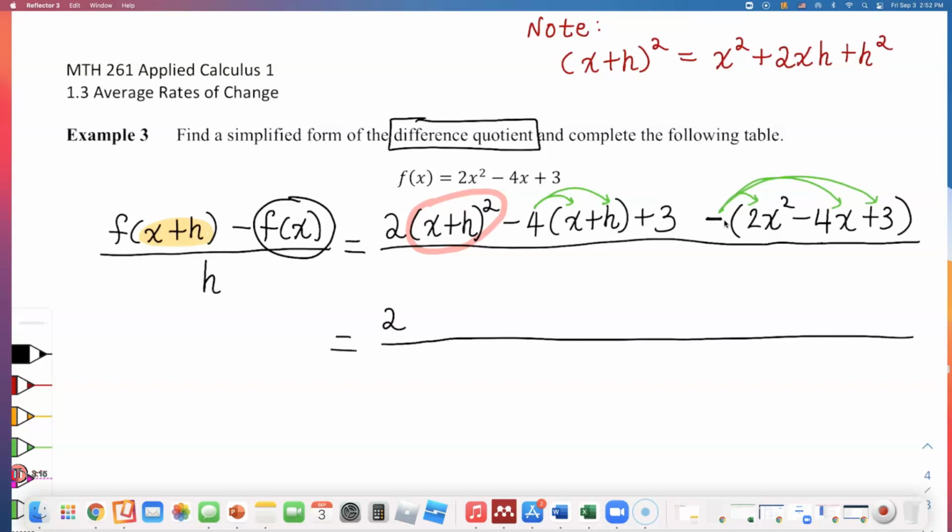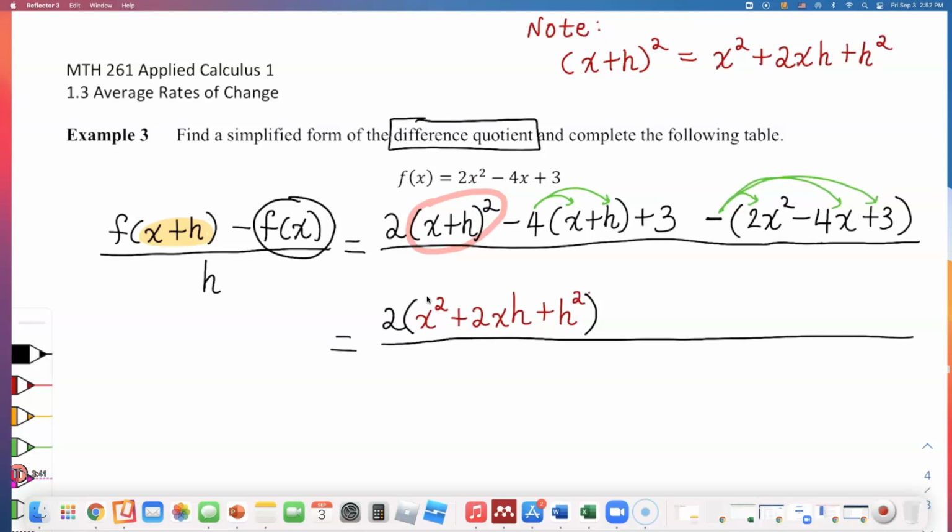I was going to write down 2 times x squared plus, you know what, let's just do it. Yeah, why not? I was going to distribute the 2 in while at it, but since I wrote it down already, I'll just keep on going. Okay, so I replaced this red highlighted part by what it is, and I'll keep on going.